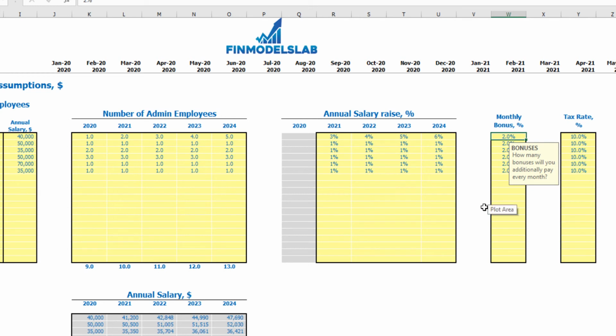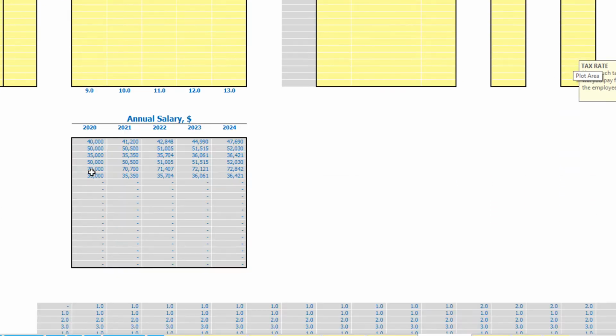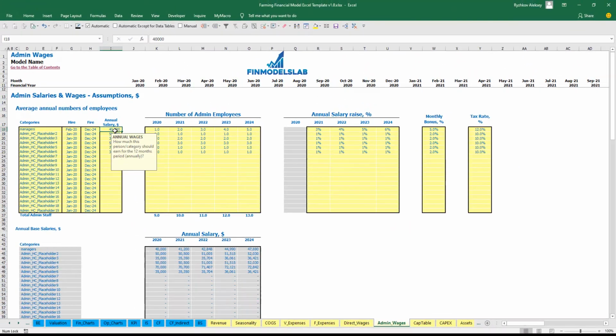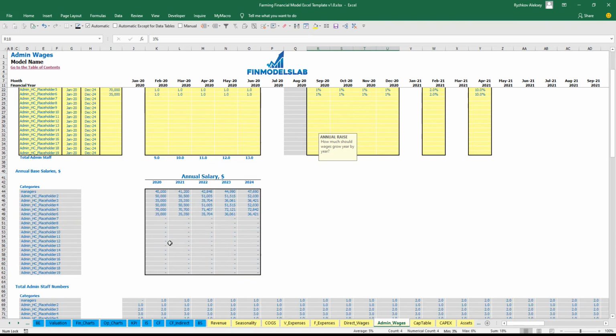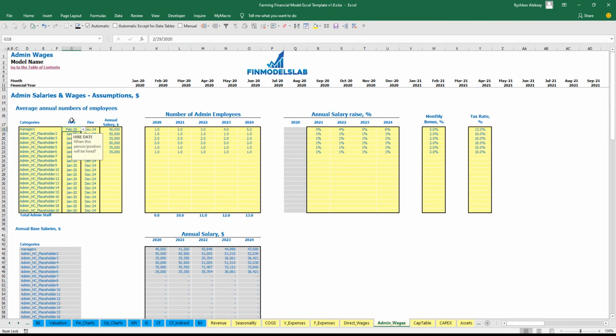Also here you have setup for the monthly bonus, for example 5% per month, and the payroll tax rate, for example 12. Below you may see the calculation of annual salary, depending on the annual salary for the base year and on the annual salary rise. Also here you can see the calculation of number of headcounts. It starts in February because we set up February start of hire.